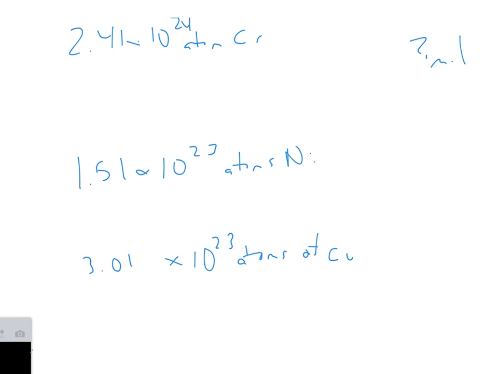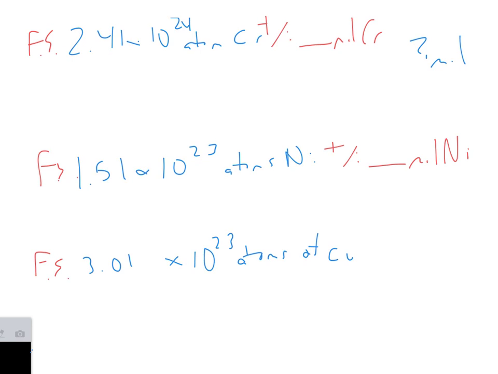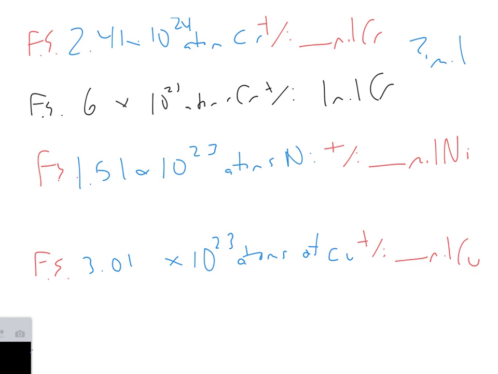So now we can change these statements to a for every statement. We can say there is blank moles of chromium. For every this many atoms of nickel, there is blank moles of nickel. And for every 3 times 10 to the 23rd atoms of copper, there is blank moles of copper. And then we can just say for every 6 times 10 to the 23rd atoms of chromium, there is 1 mole of chromium.